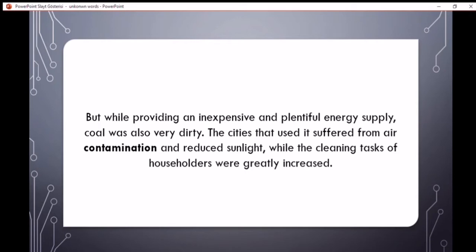And then when we continue reading, we see reduced sunlight. I'm guessing it means dirt, contamination, air. Contamination means maybe air pollution. And coal is known to cause that, right? So this is an educated guess. I'm not sure, but if I continue reading, I'll probably figure out whether I'm right or wrong.